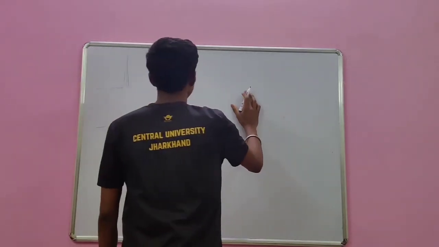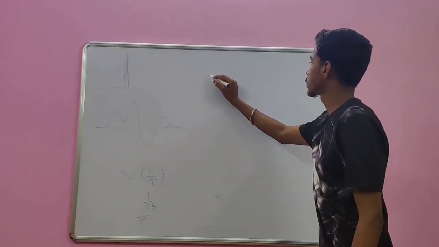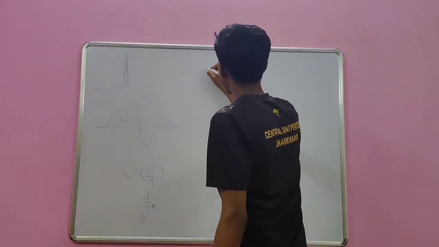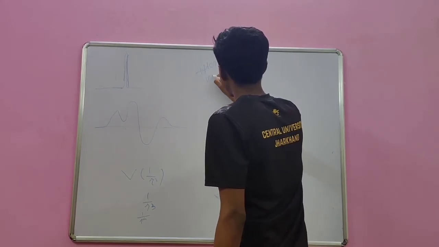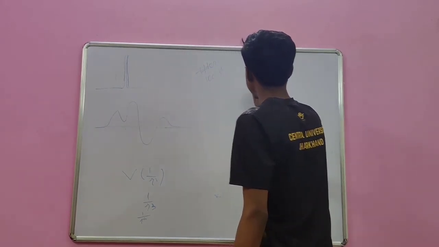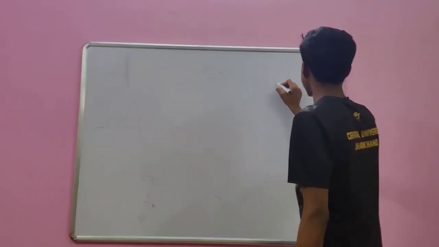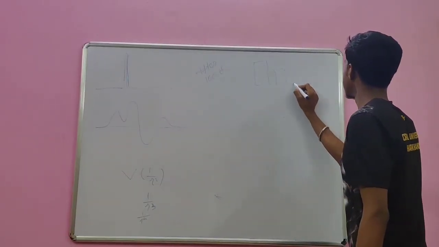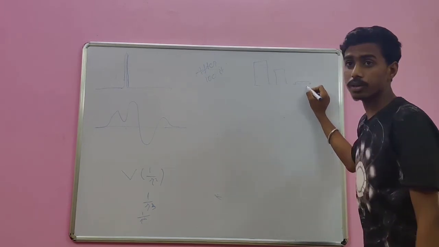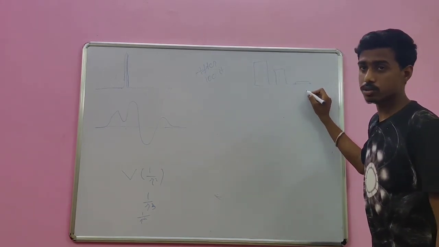So what we got in the result after 100 iterations is something like 0.1, which is tending to 0.